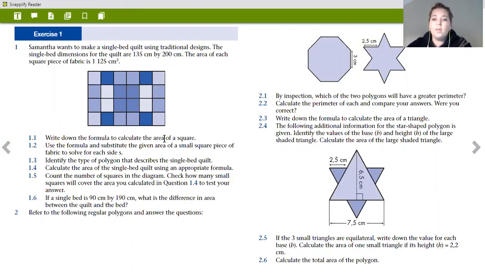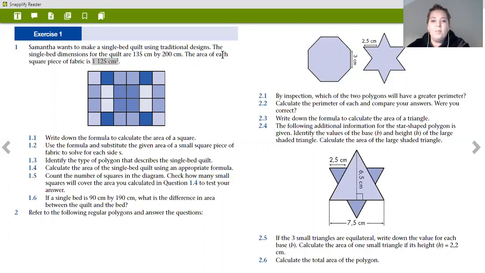The area of the entire quilt was 27,000, let me just check quickly. Yeah, 27,000. So we're going to divide it by the 1,125 at the top.